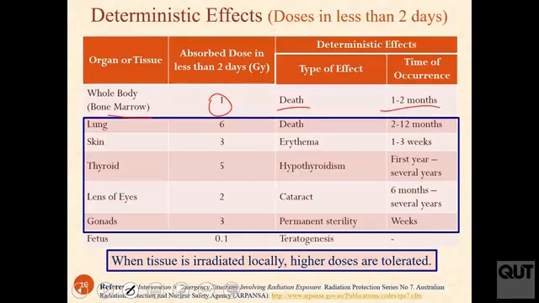It depends on the person and various factors, but these are general figures. If you irradiate just the lungs, you need 6 gray in 2 days. That will lead to death in 2 to 12 months. Skin, 3 gray will lead to erythema, that is skin reddening, like sunburn, and that will occur after a few weeks.